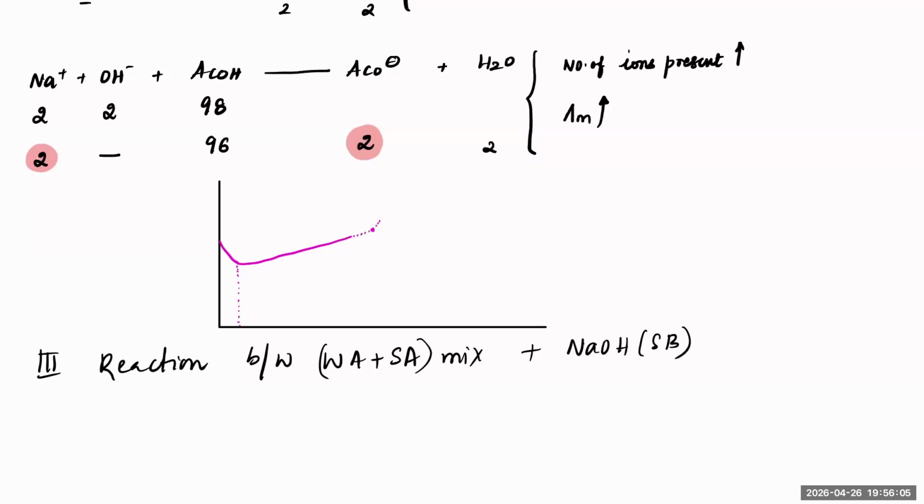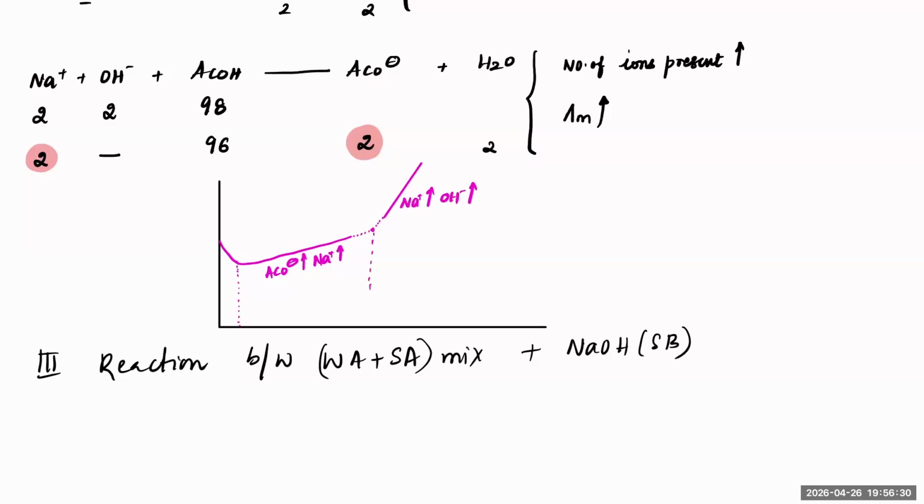And thereafter, it further increases because once the neutralization is done, in this area we have ACO minus ion concentration and Na plus ion concentration increasing. That's why there is an increment. At this point, you have Na plus and OH minus ion concentration increasing after the neutralization point.